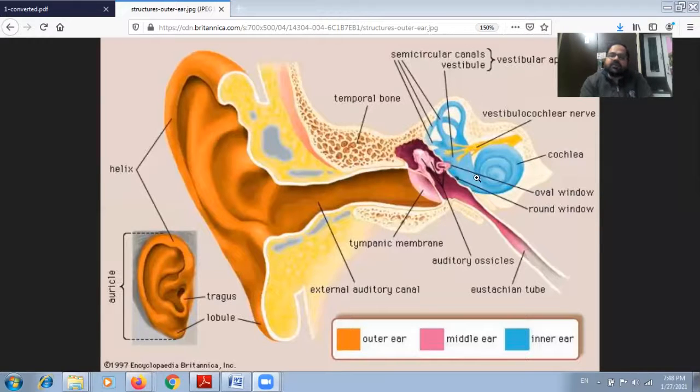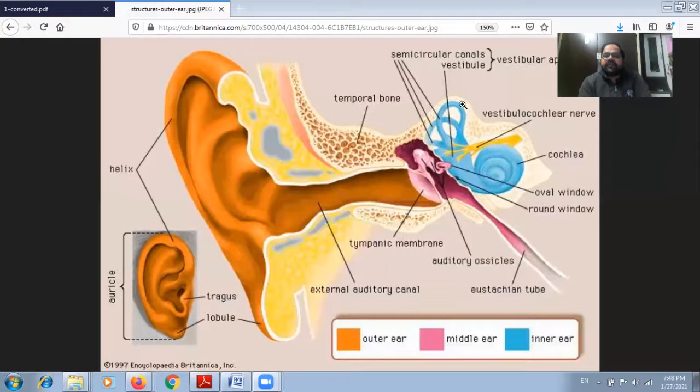Now we will talk about the structure of the different parts of the internal ear. We can see here this is the main part which is called the vestibule, and this vestibule is connected with three semicircular canals. These semicircular canals are attached to this vestibule, and they are present at right angles to each other.